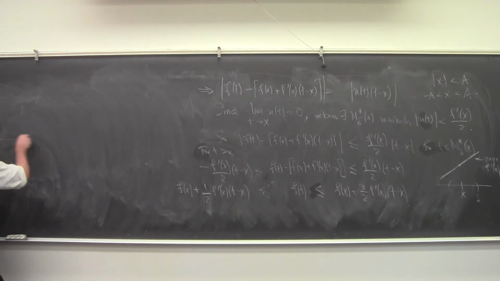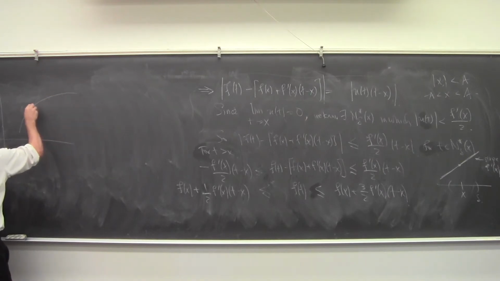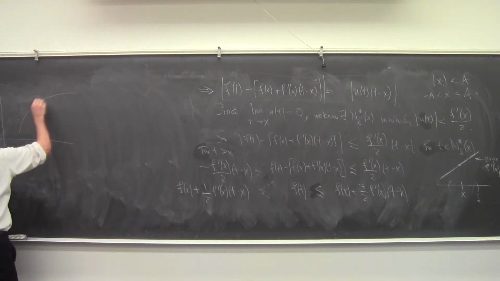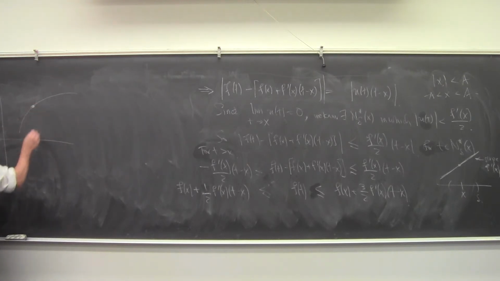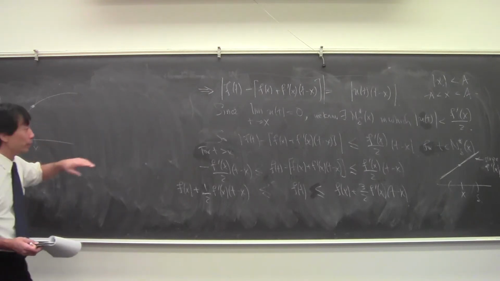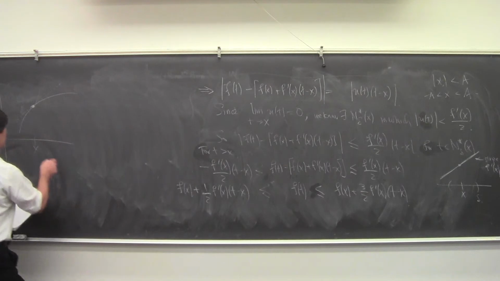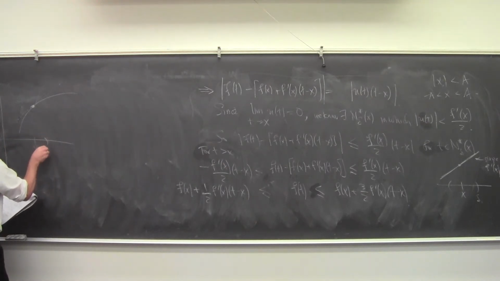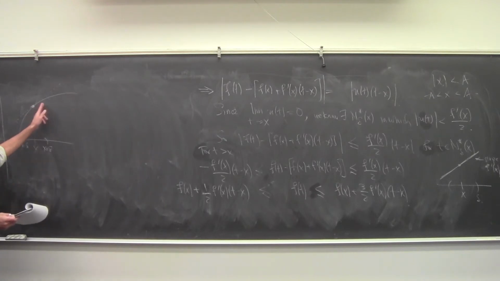Okay, so what does that tell me? Right? Here's my x. Let's pretend this is my function, and that this is my tangent line. It says that if you're differentiable at this point, then there's some little neighborhood, x plus delta, x minus delta, such that your function is trapped.